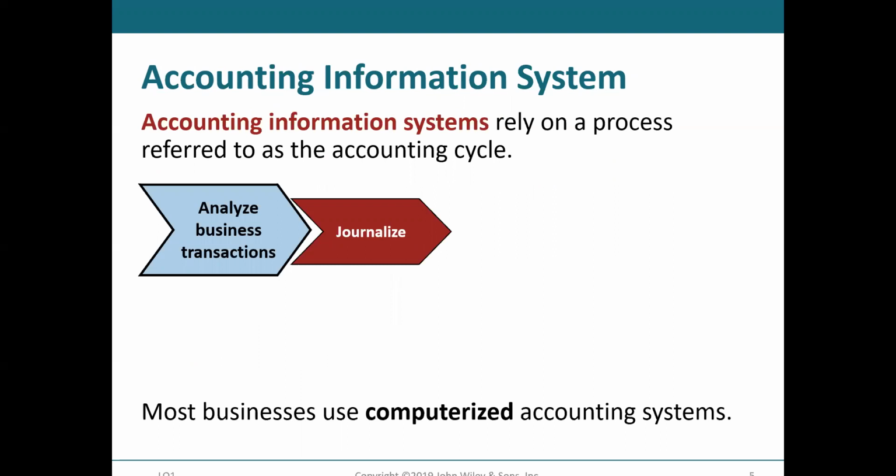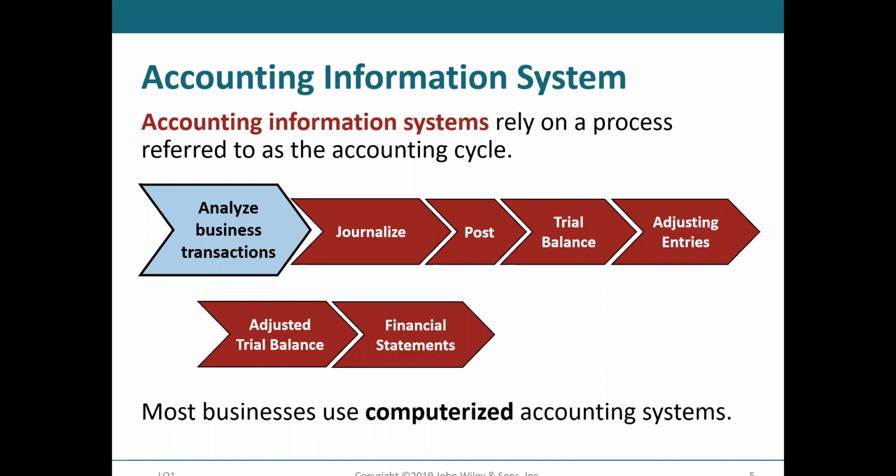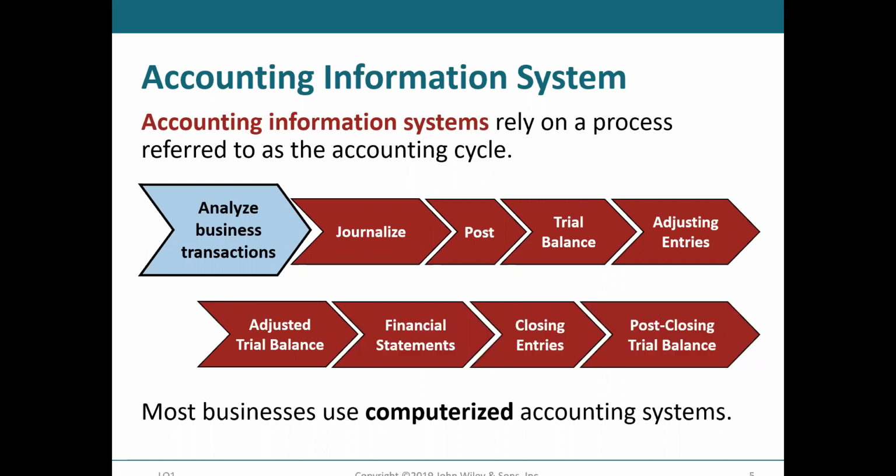Journalizing is the action that takes the data and puts it into the general ledger. We do it via what are called journal entries, which we post. And then at the end of the month, after we've written all these journal entries and we've done all our work for the month, we're going to run a trial balance, which is going to enable us to prepare adjusting entries and eventually the financial statements.